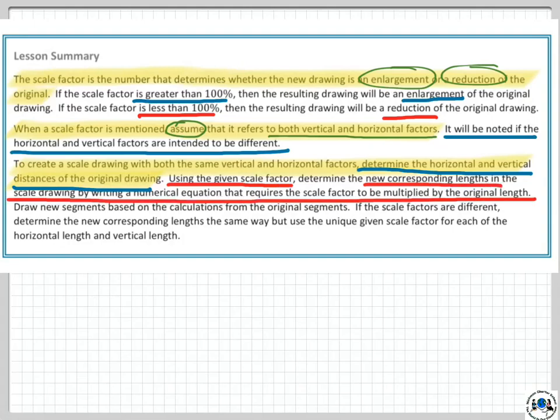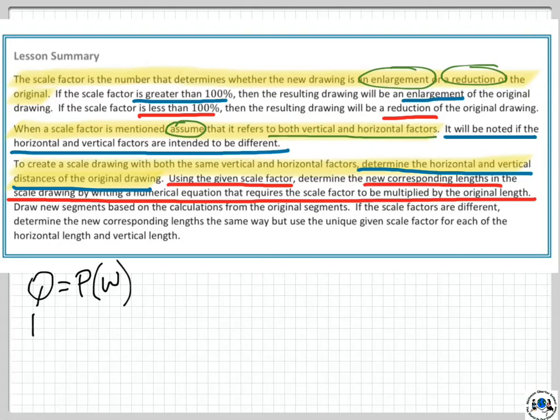Then you're going to use the given scale factor and determine the new corresponding lengths in the scale drawing by writing a numerical equation that requires the scale factor to be multiplied by the original length. And like I had mentioned, if you use that Q equals P times W formula, you'll never go wrong.